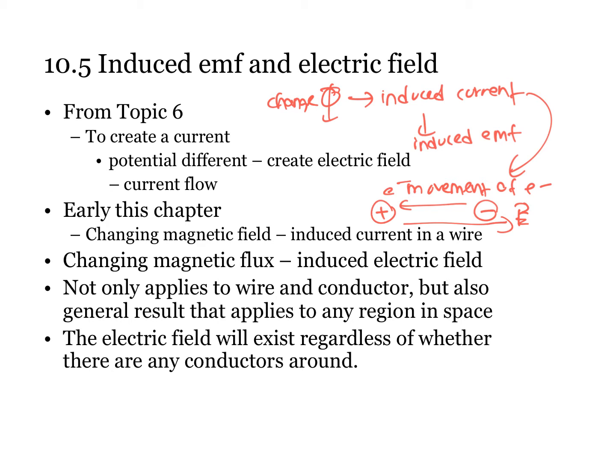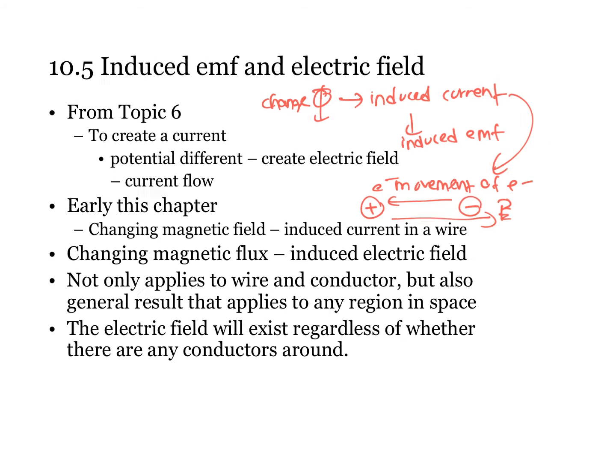Now we are going to relate the change of the magnetic flux to the induced electric field. This result applies not only to wires and other conductors, but it's a general result that applies to any region in space. This is what we call the Faraday law, general form.